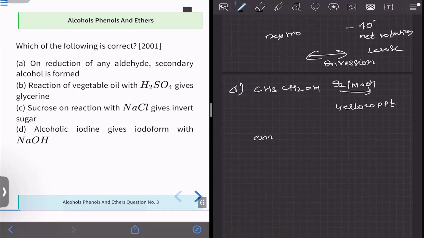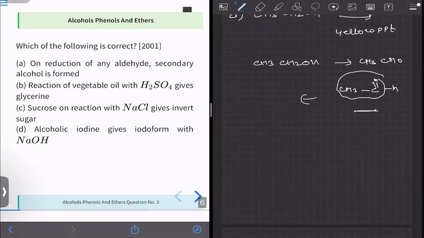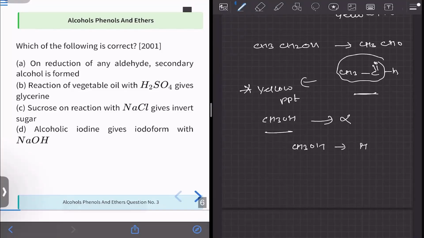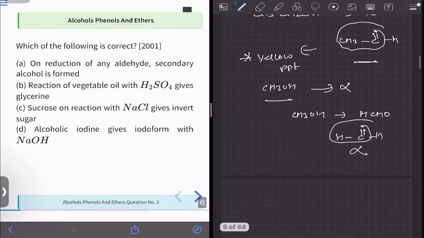We all know that CH3CH2OH converts into CH3CHO, so it contains a carbonyl group, so it produces a yellow precipitate. Why does CH3OH not give a yellow precipitate? Because whenever it converts, it produces formaldehyde, HCHO. So it does not contain the required carbonyl group, so it does not give a yellow precipitate.